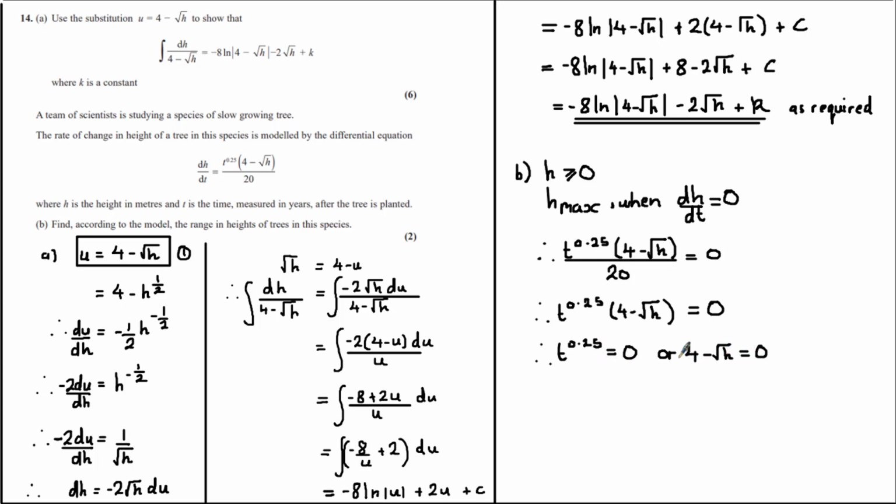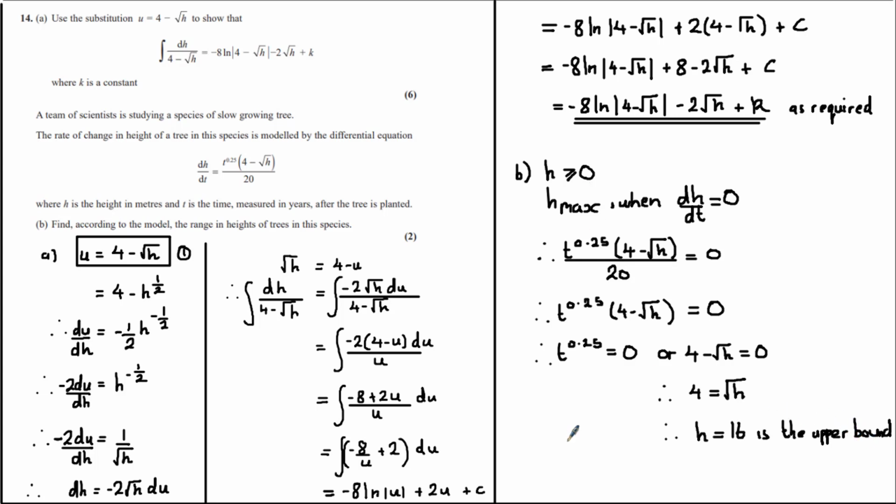We could solve both of these equations, but we don't need to solve this equation because we want to find the maximum height. So solving this equation, we need to add the square root of h to both sides, which gives us 4 is equal to the square root of h, and then taking the square of both sides, we get that h is equal to 16, and that's the upper bound or the maximum value.